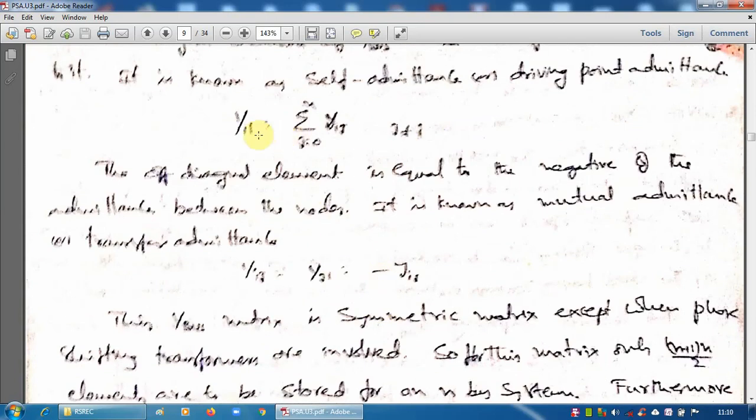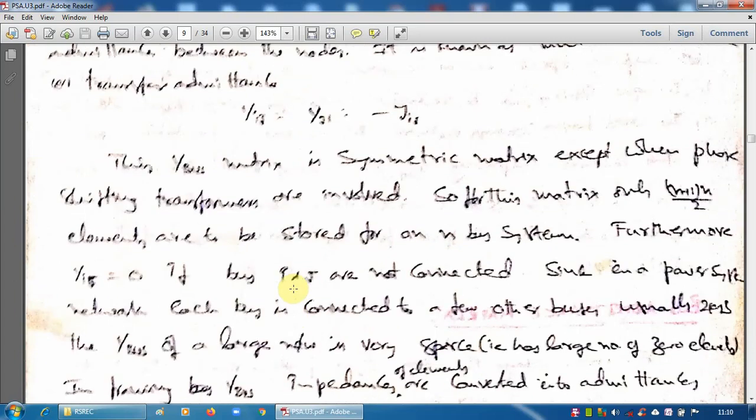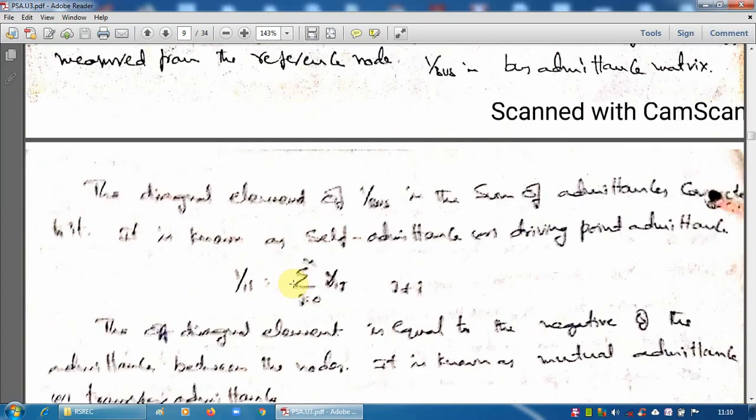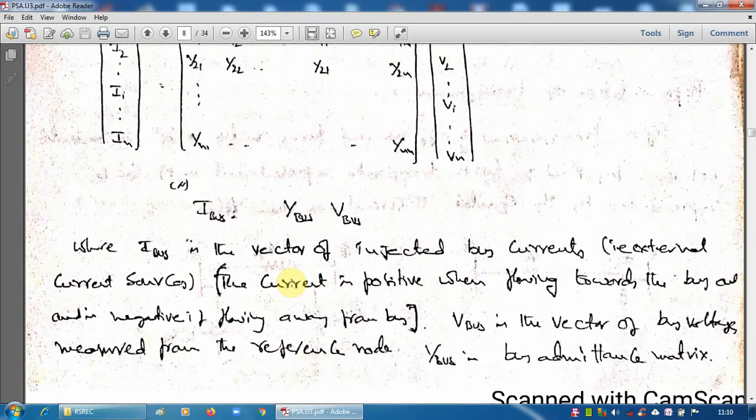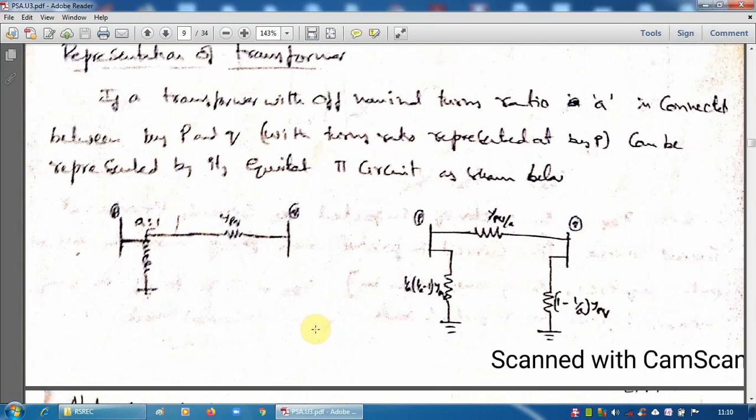For a Y bus, the diagonal element is the sum of admittances connected to node I. For example, diagonal element YII is the sum of admittances connected at node I, and off diagonal element YIJ is the negative of the value of the admittance between I and J.